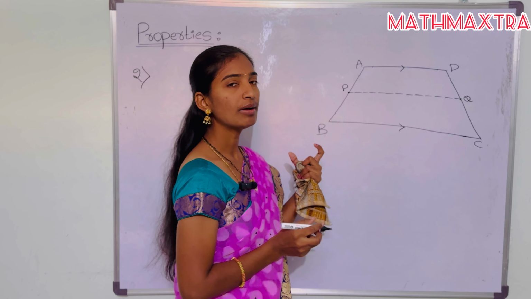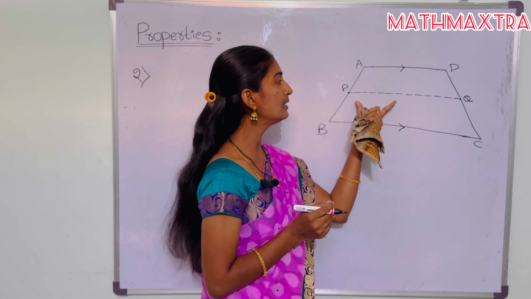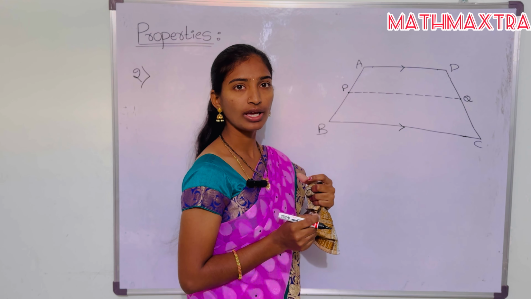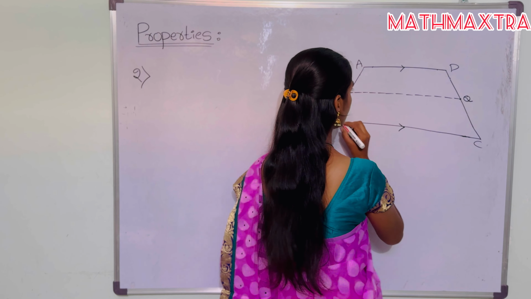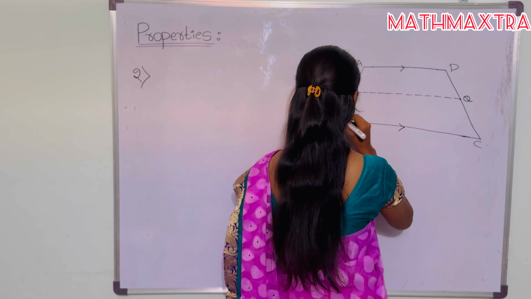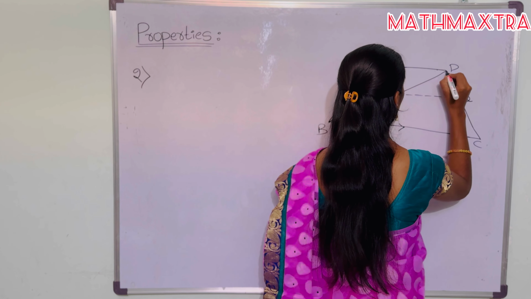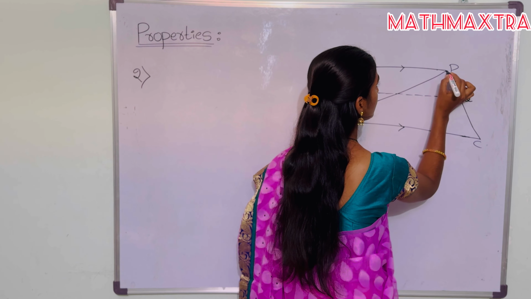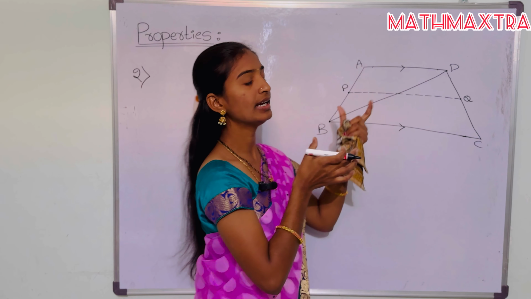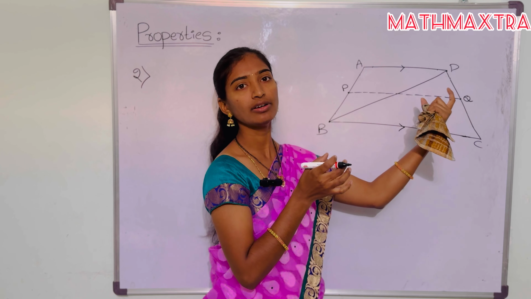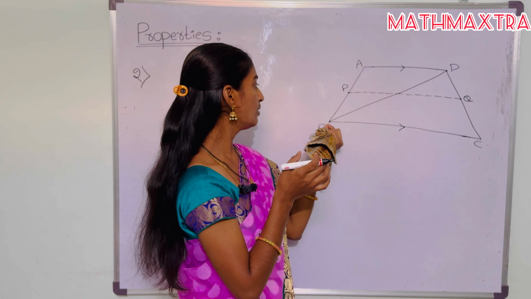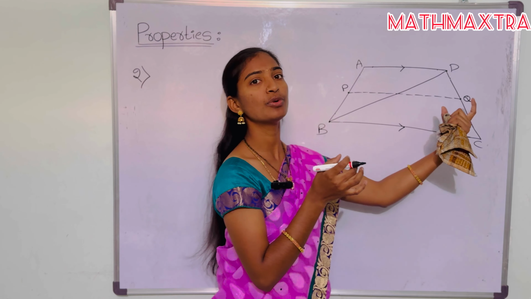Sometimes we need to calculate the length of the median. So for that, what we are doing? We are drawing a diagonal of a trapezium. In order to calculate the length of the median, I am drawing a diagonal for this trapezium, which is nothing but joining the opposite vertices.